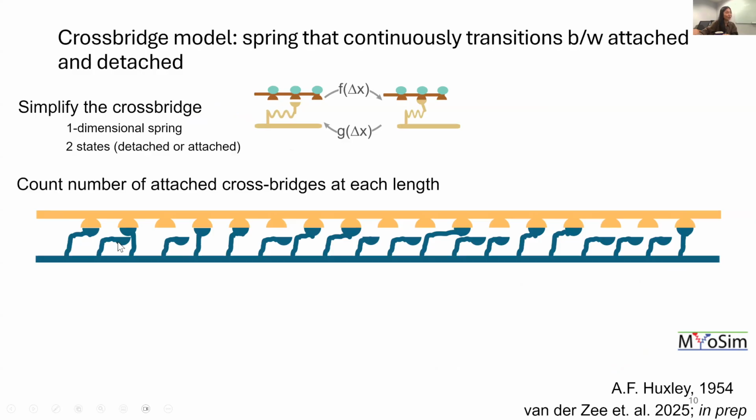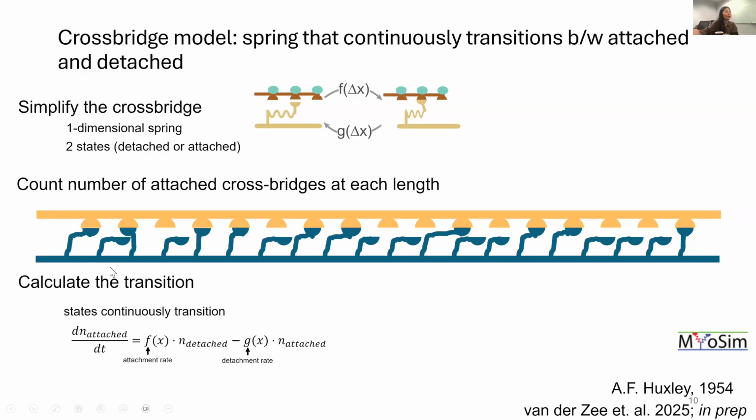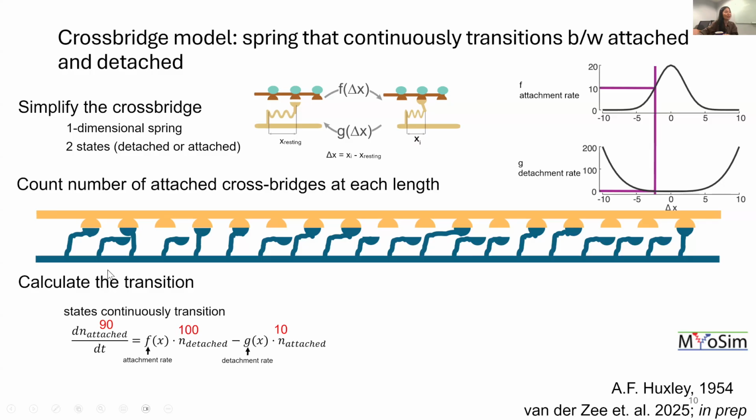And we can look at the distribution and count how many cross-bridges are within a certain displacement from the resting lengths and see how many of them are attached at that length.